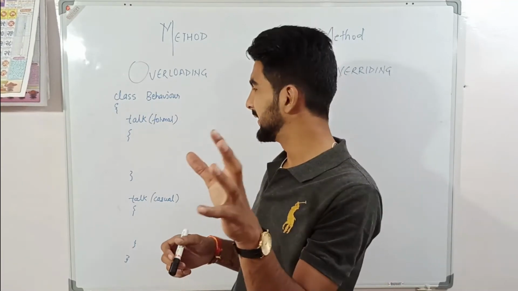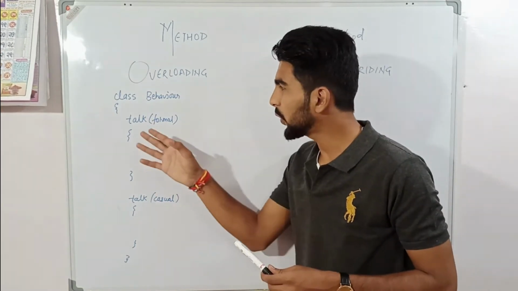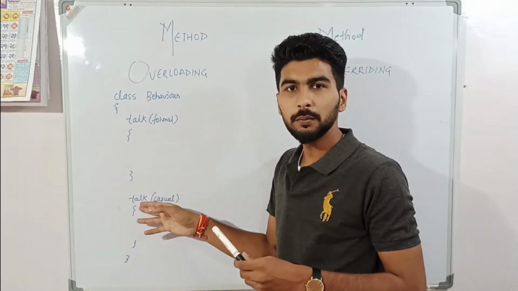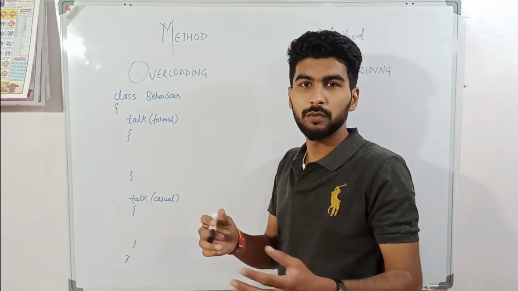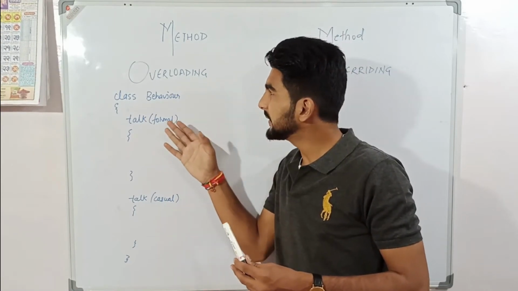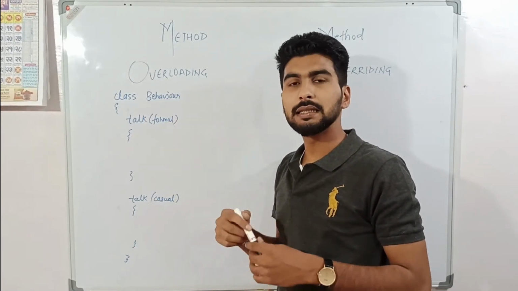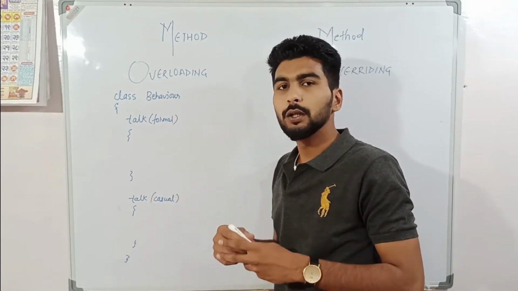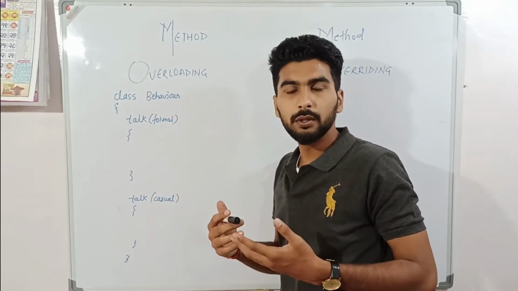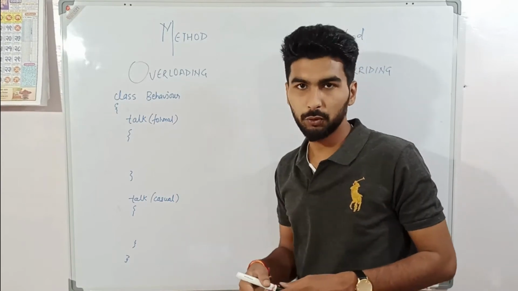So this is the difference. We are calling the same method but with different parameters, and it works differently. So this is method overloading, and the reason we do it is simple: to increase the readability of the program.